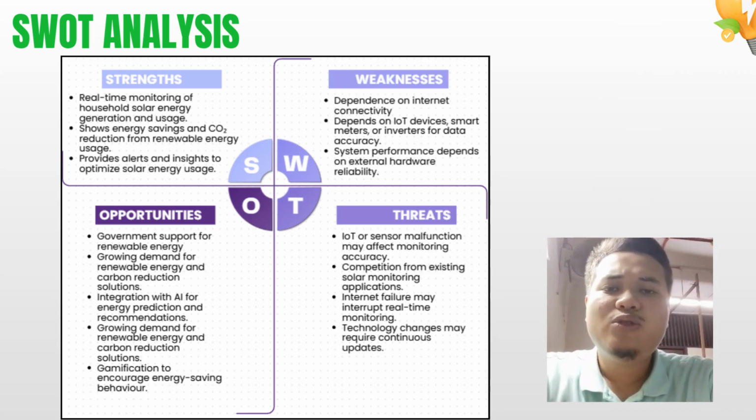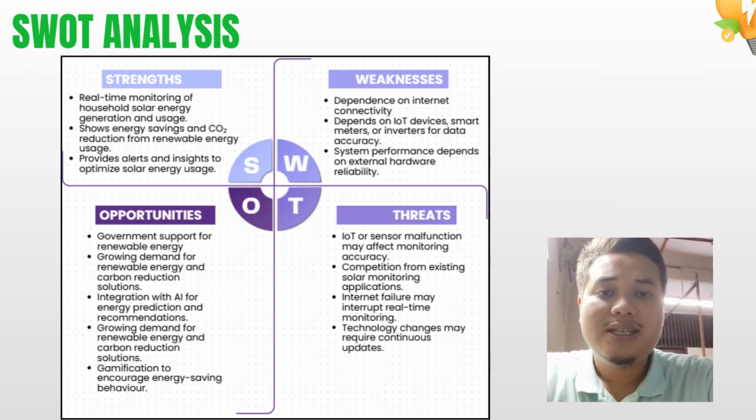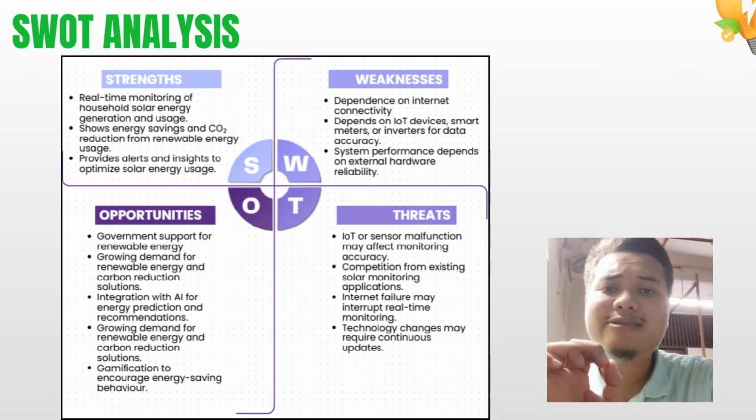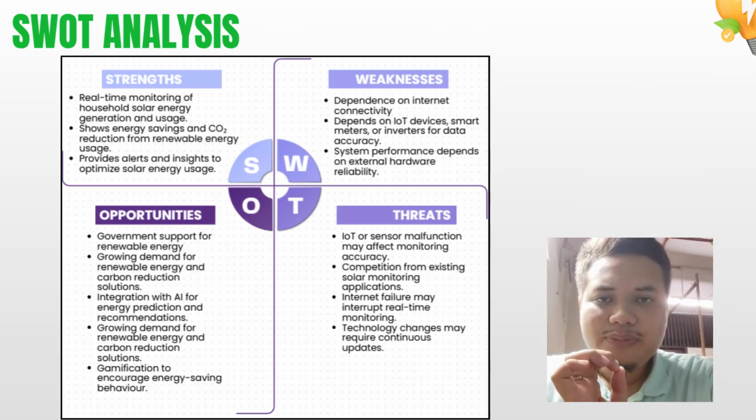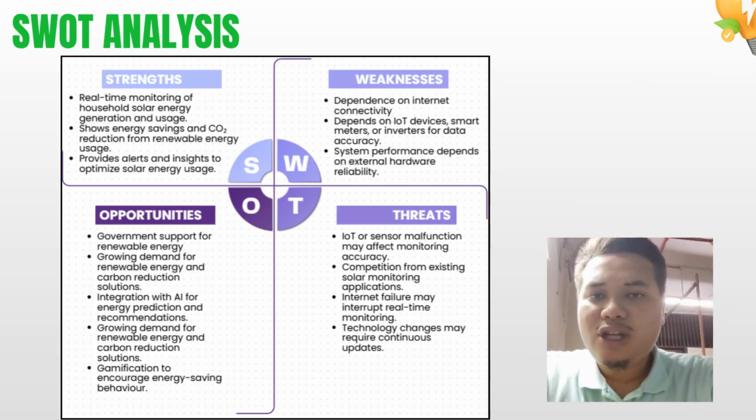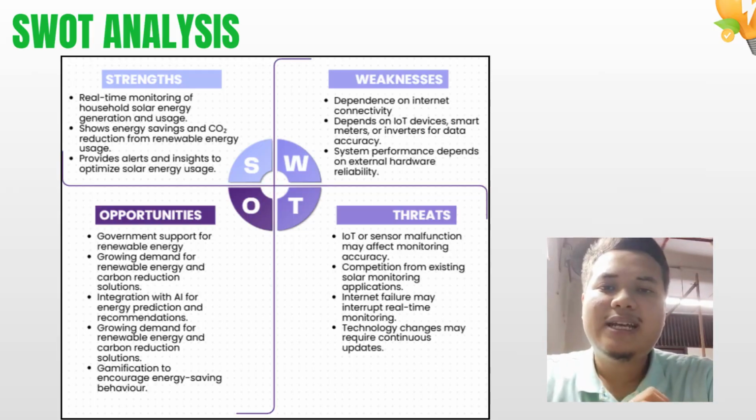The system also relies on IoT devices, sensors, smart meters, and inverters. Since these hardware components collect and transmit data, any malfunction or inaccurate reading can reduce reliability and the monitoring results. This means regular maintenance and hardware checks are essential to ensure accurate system performance.